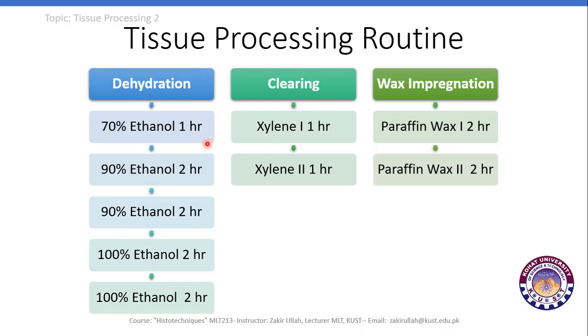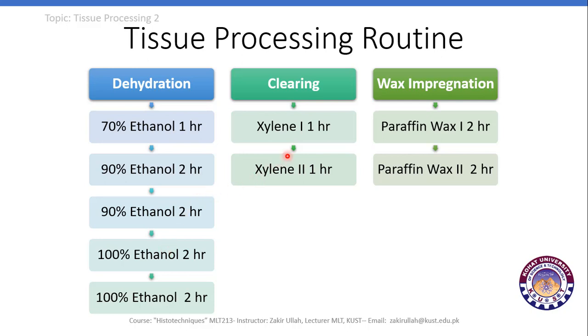This is the routine tissue processing. In dehydration, first the tissue is put into 70% ethanol for 1 hour, then it is changed into 90% ethanol, the first change for 2 hours and the second 90% ethanol for 2 hours, then pure ethanol, 2 changes for 2 hours.